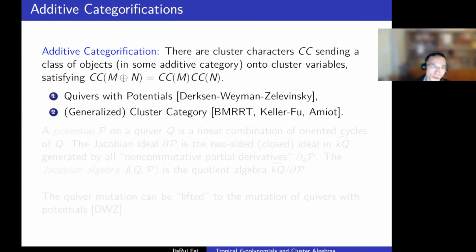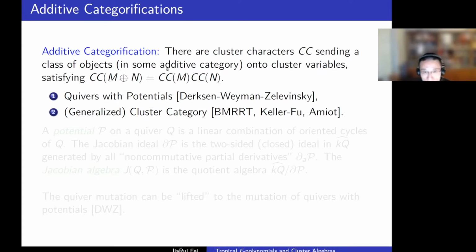Our approach is from additive categorification. Let me briefly remind you what I mean by this categorification. Roughly speaking, there exists a cluster character, denoted CC, sending a class of objects in a certain additive category onto a set of cluster variables.